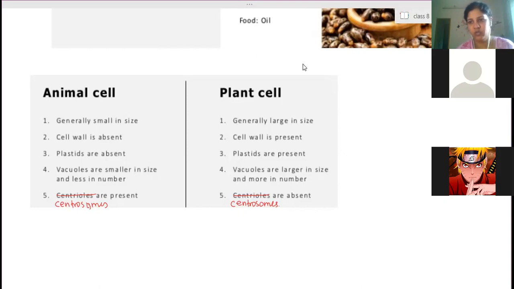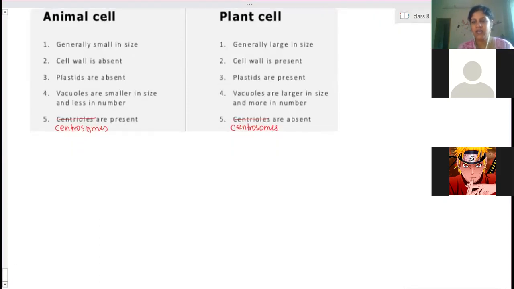It consists of only one organelle, that is the ribosome. Any other organelles it doesn't possess. Bacteria is considered one of the prokaryotic cells. Pro means primitive, so primitive cell and advanced cell. The very basic cell is called the prokaryotic cell.